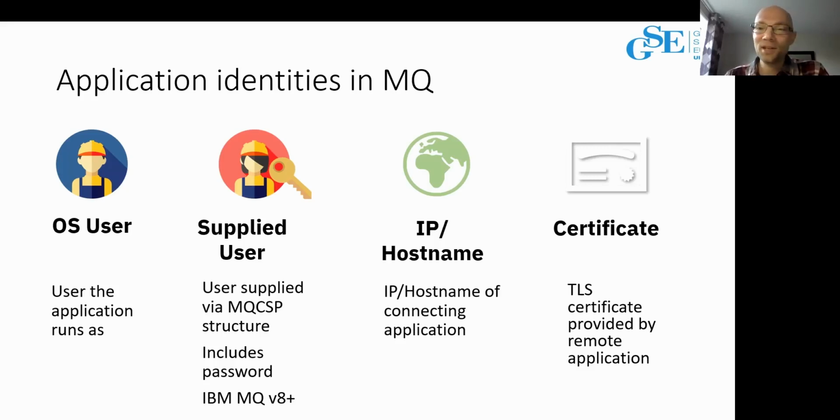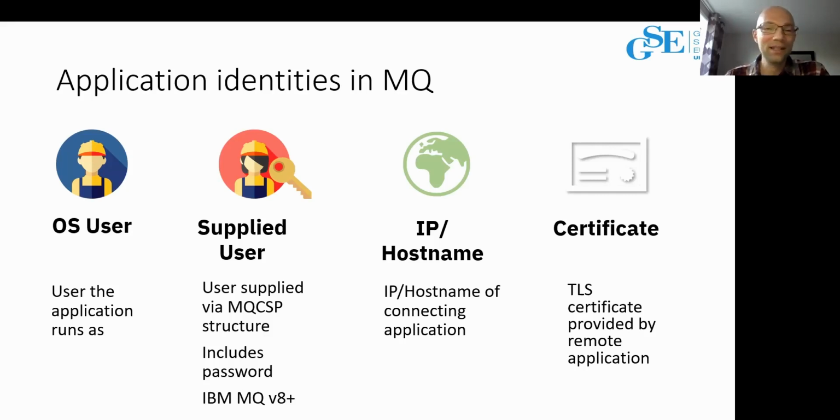So that is a piece of information that the queue manager gets to know. Again, you might not want to trust it because you don't know how that user ID has been authenticated, if at all, on the source system. But nevertheless, it is something that the queue manager gets to know about the application.